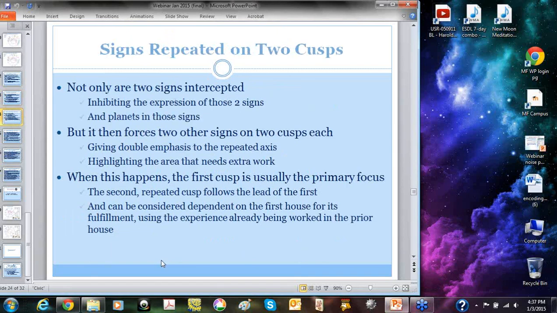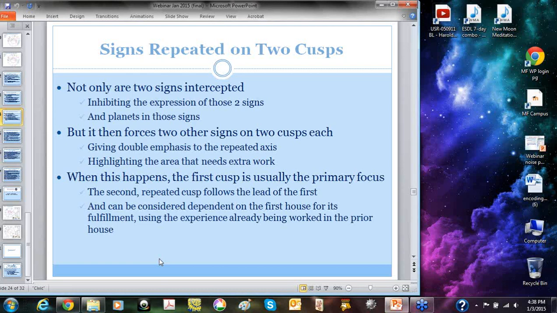So not only are two signs intercepted, which means its energy is inhibited, but as we said, also the planets within those signs. So then we look at the two signs on the two cusps that are doubled up. This gives double emphasis to the repeated axis, highlighting the area that needs extra work.